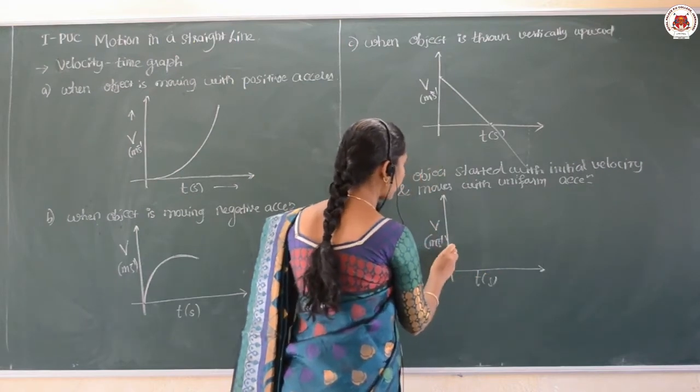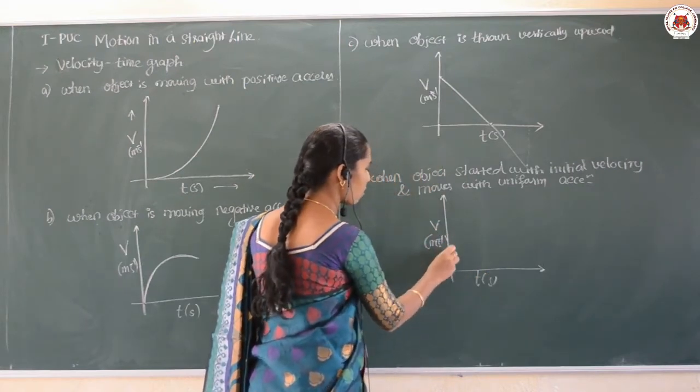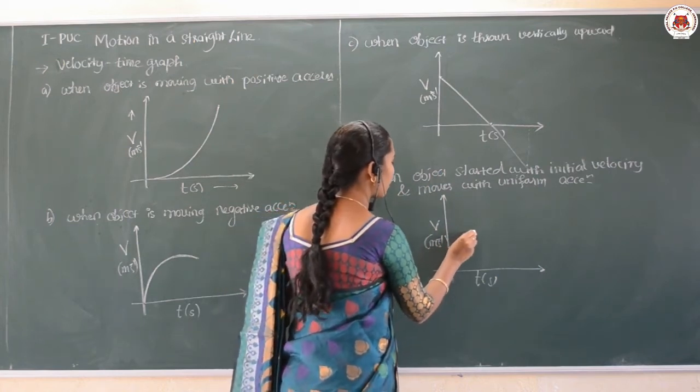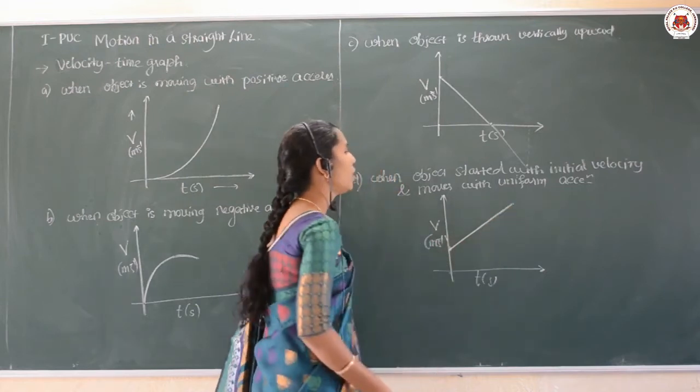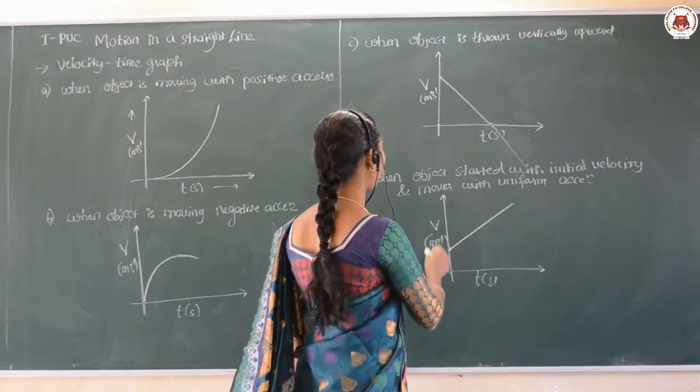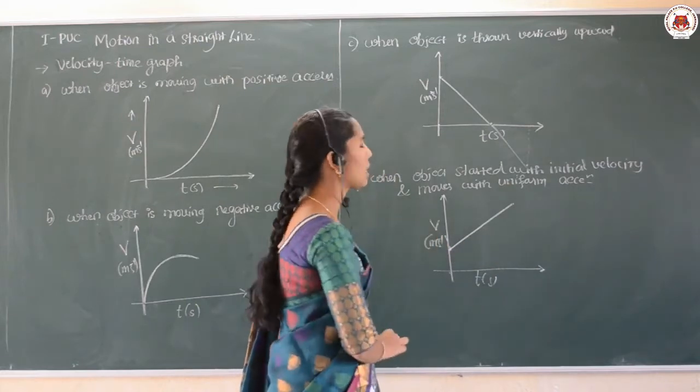The object already has an initial velocity here and later it is moving with the uniform acceleration. That can be represented in this graph.